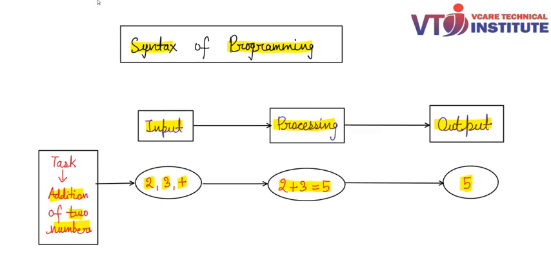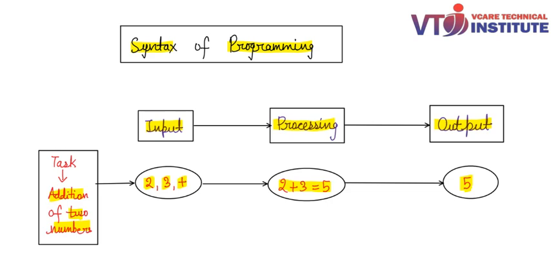If you want to perform the addition of two numbers, 2 and 3, we just have to do 2 plus 3 is equal to 5, and the output comes out to be 5. So this is a task, a longer task, and we have converted it into parts. That is how programming proceeds.